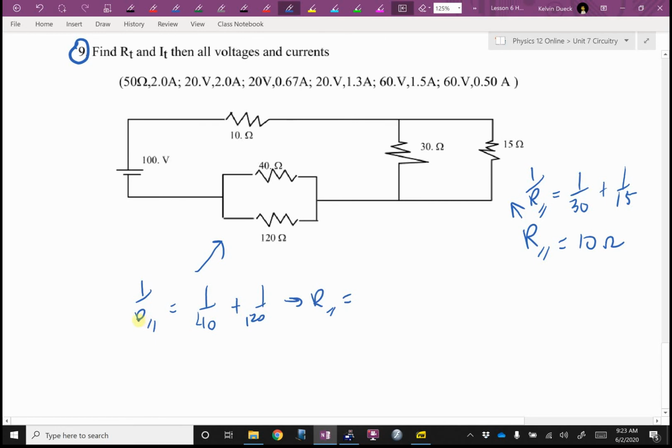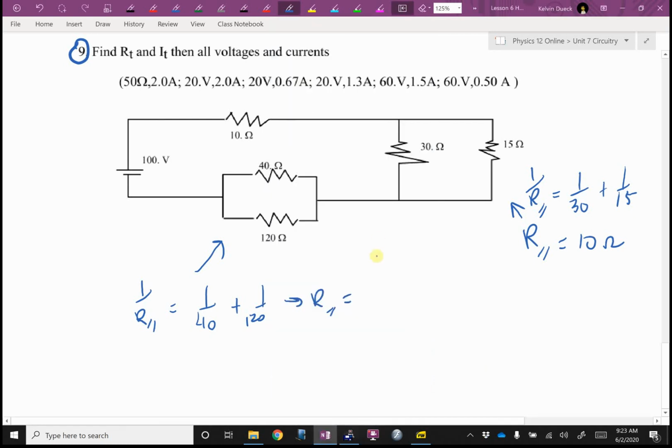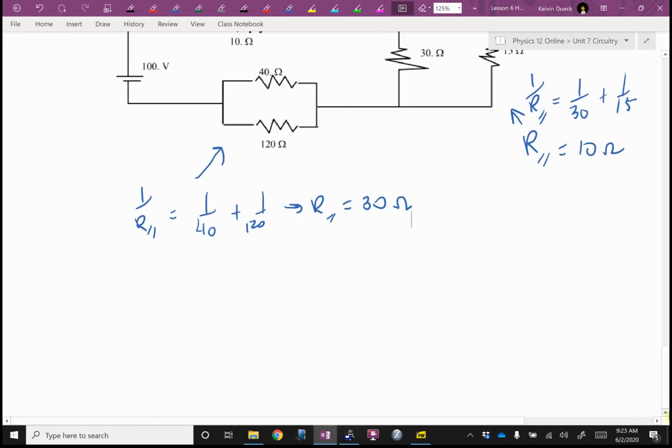That's terribly messy. 40 reciprocal plus 120 reciprocal, 30 ohms. Okay, so this can be redrawn as a 100 volt battery.